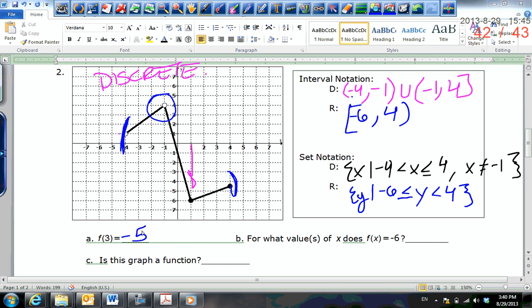Positive 1. Is it a function? Yes, it is. We cool to move on? Yes. We're almost there, right?